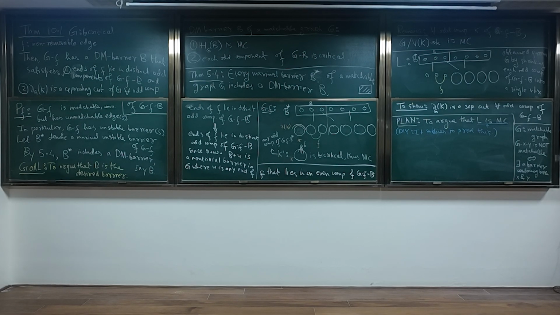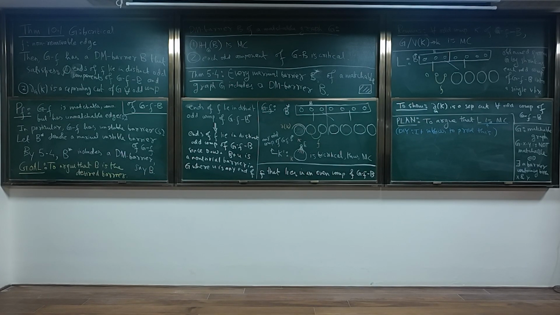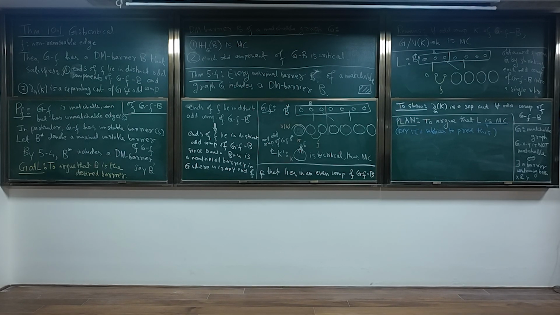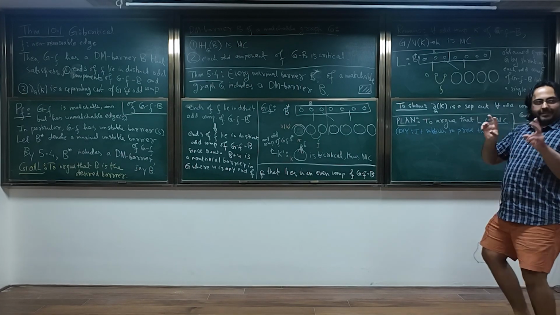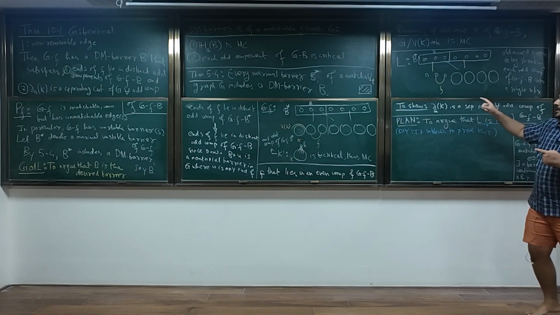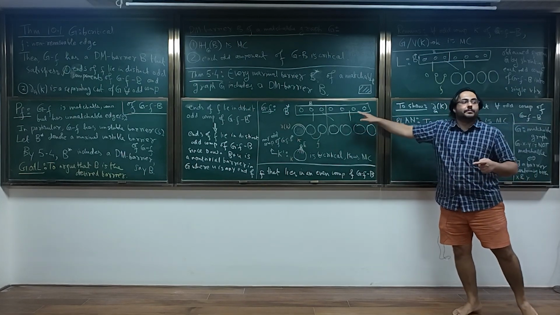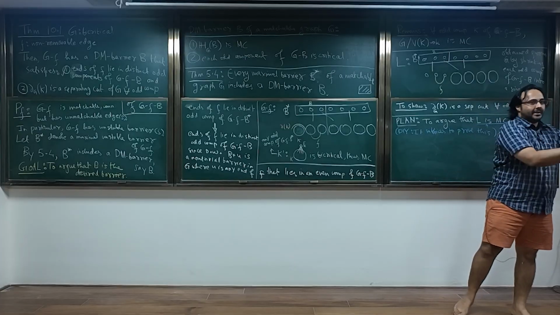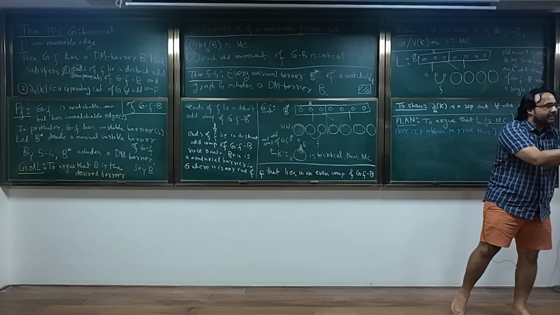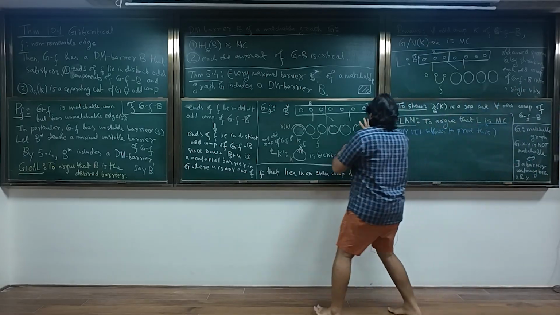In fact, if you go back to that 10 vertex example, in that 10 vertex example, we had only one non-trivial component, and when we shrunk it, it was a triangle. When we shrunk it, we got a graph that is not matching covered. That was actually L, because all the other components are trivial. So in fact, in that example that we had, L was not matching covered. But that is because, of course, it is not the same L. Because we took all the odd components of G minus F minus B star and we shrunk all of them into single vertices. 3 of them were already trivial, one was a triangle, we shrunk it, and we got this graph where all of these are single vertices.